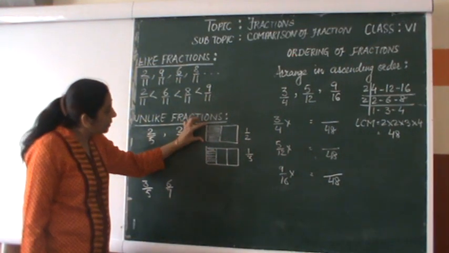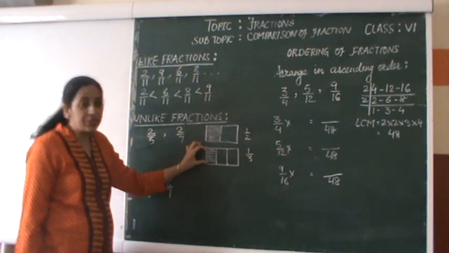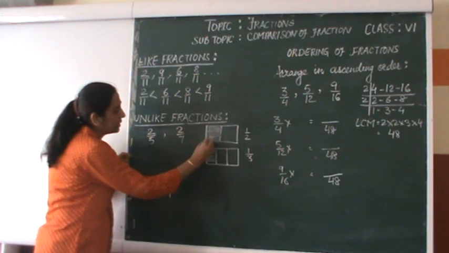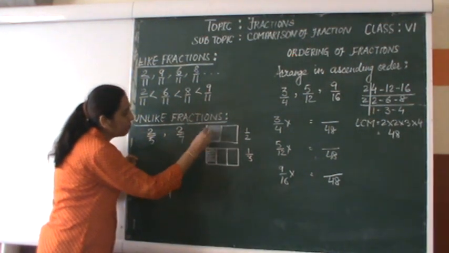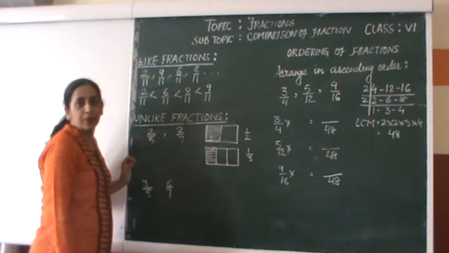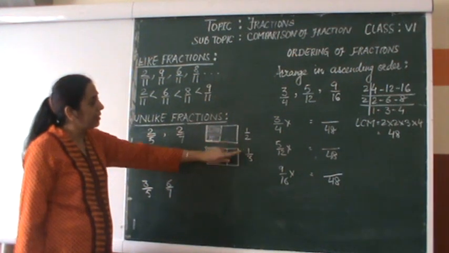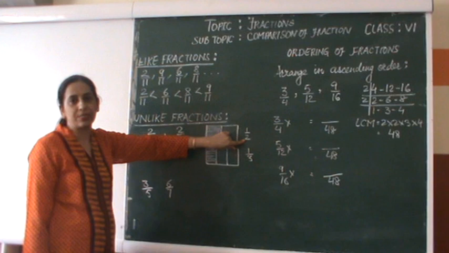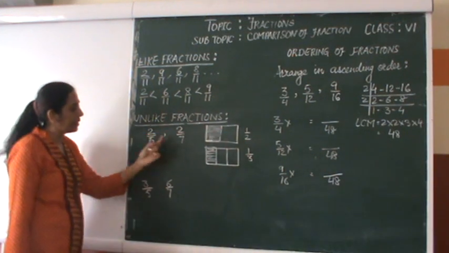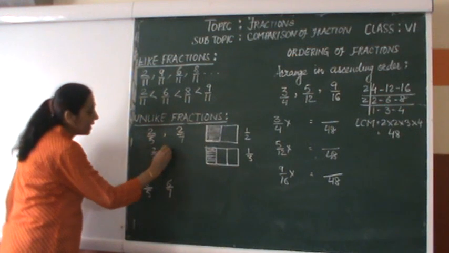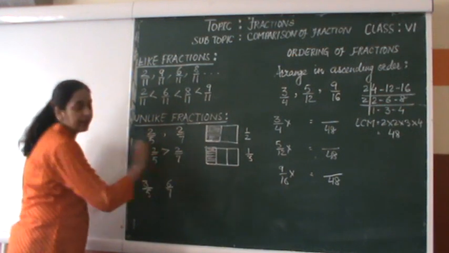Now, if you compare the shaded parts, the half part is bigger than the third part. So it means the fraction with the smaller denominator is actually the greatest one. So if you have to compare these two fractions, 2 by 5 is greater than 2 by 7.